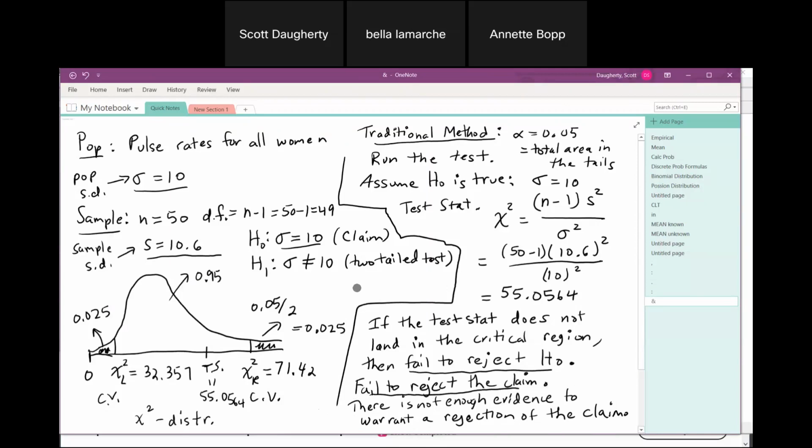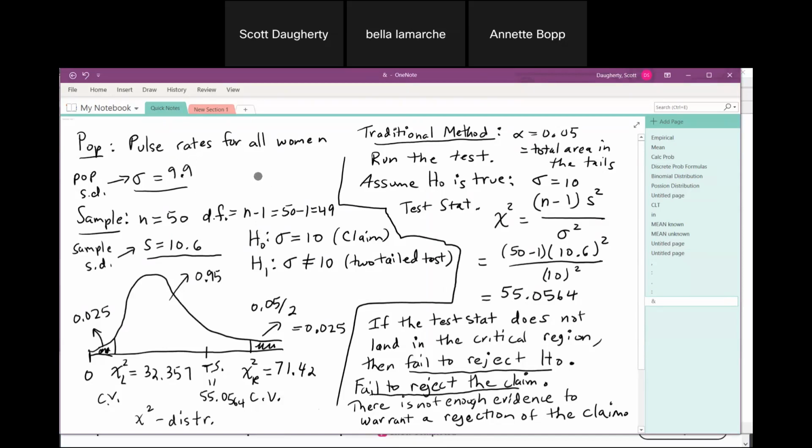So notice what's happening here. This is an unusual situation. When the claim is attached to the null hypothesis like it is here, there's no way to support the claim. Because the claim is that sigma is actually 10. And when someone claims a population parameter is exactly equal to something, that is really difficult to prove, because this is 9.9 and that's not 10.